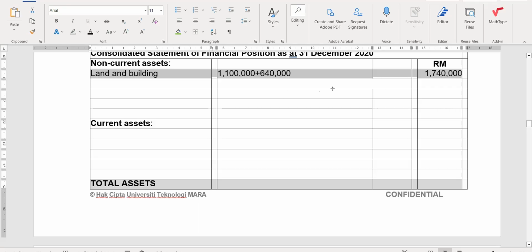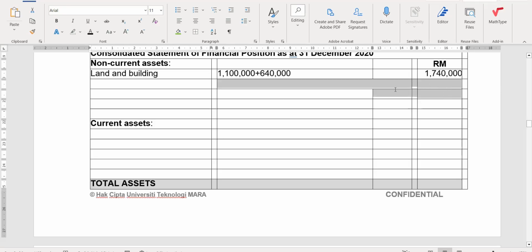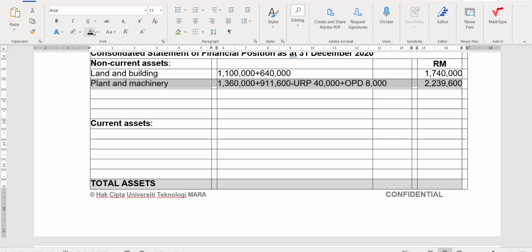We start off with the land and building, just add up because there is no adjustment for intercompany transaction, followed by the plant and machinery that has adjustment for unrealized profit. Remember, we debit the retained profit, we credit machinery, and that means we need to reduce the machinery. For the overprovision, I put here OPD, we credit the retained profit, we debit the plant and machinery.